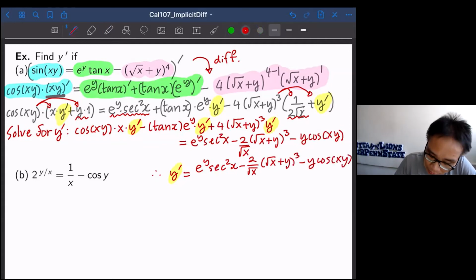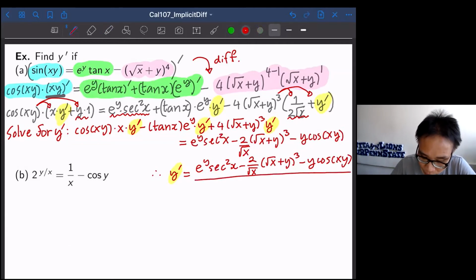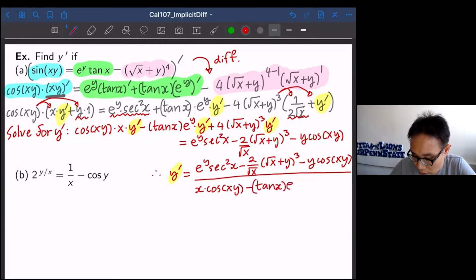Okay, and everything will be over cos xy times x, so it's gonna be x cos xy minus tan x e to the y, plus 4 square root x plus y cubed.